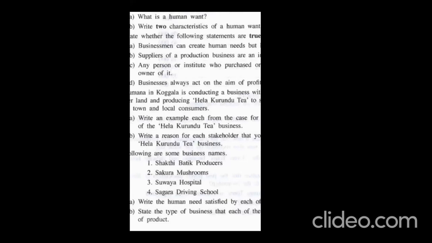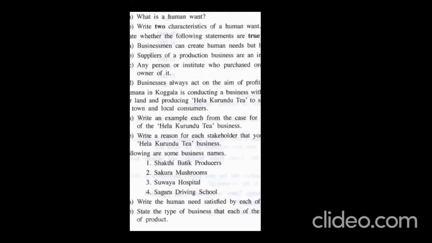Then Soya Hospital: health. Sagara Driving School: transportation? No, it's for you to learn how to drive, so it falls under education. Okay? Yes, education.